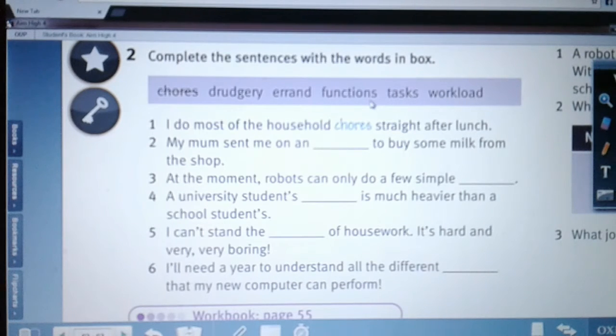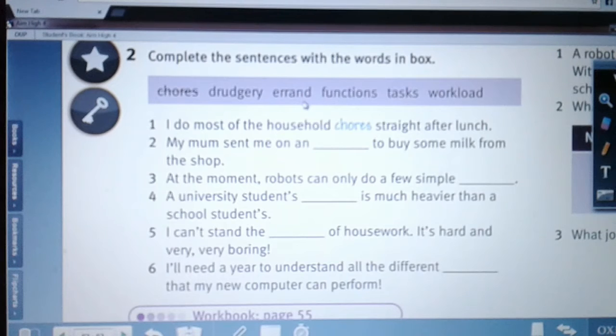For example, washing and also cleaning and ironing that I've told you before. Okay, next, the definition of drudgery. Drudgery means difficult and boring work.